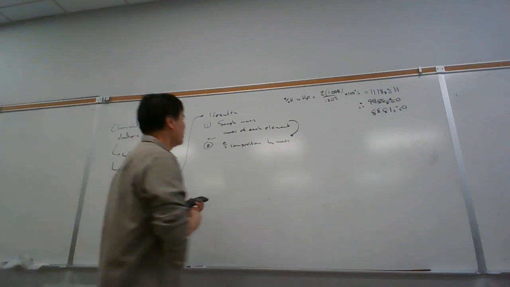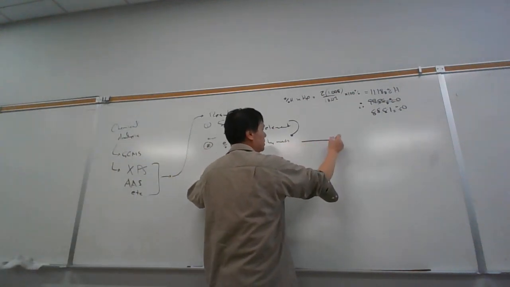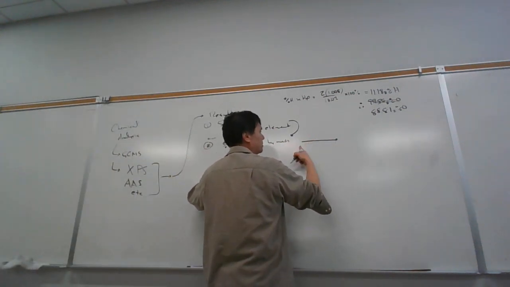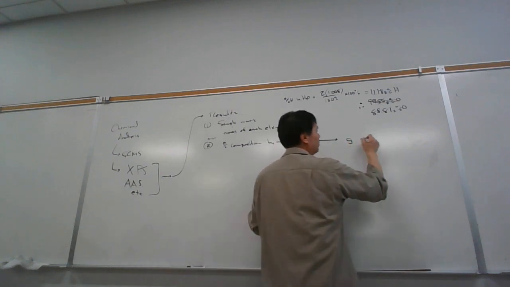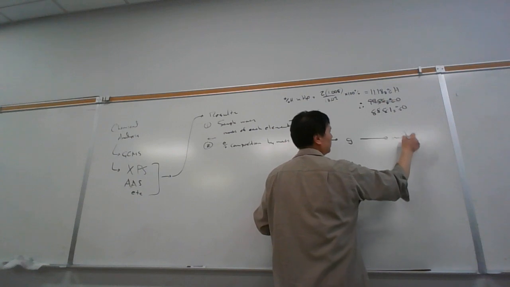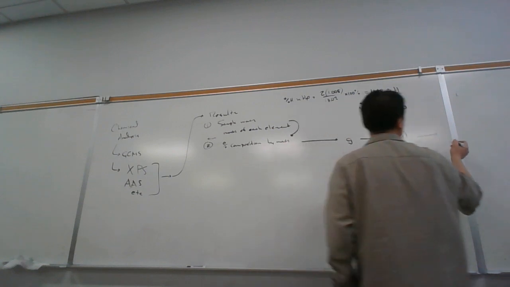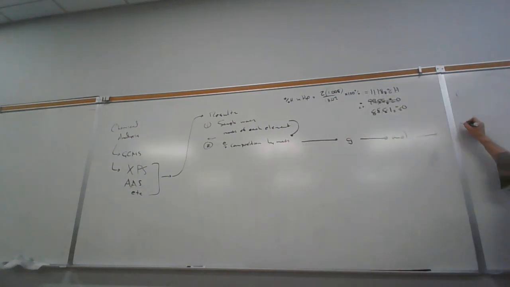All right, once I get the percent by mass composition, then I assume a 100 gram sample and I convert it to grams. Then I go from grams to moles, and then I go from moles to the simplest mole ratio. You know what we call the simplest mole ratio? Yeah, the empirical formula.